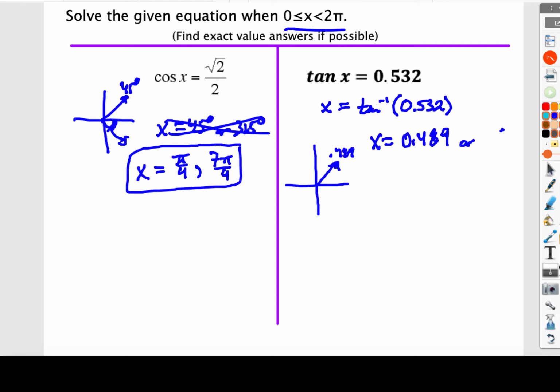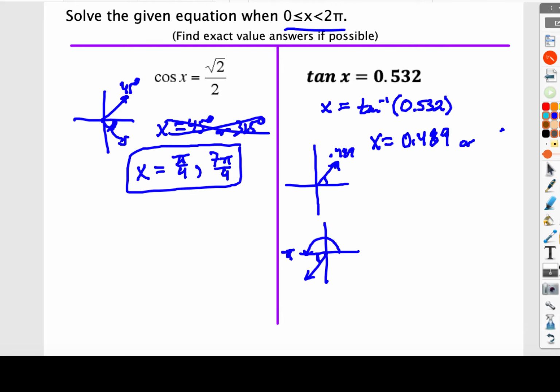But it can also be positive down in quadrant 3, which means I need to take my reference angle, 0.489, and add that on to a full pi units.